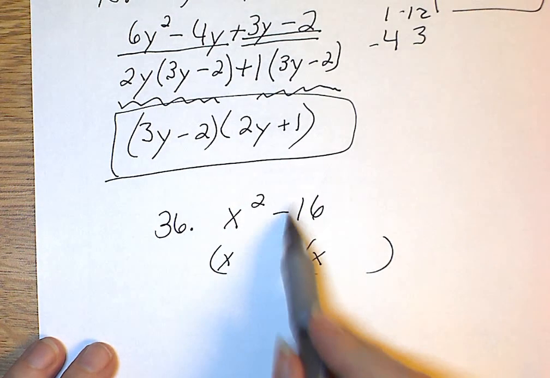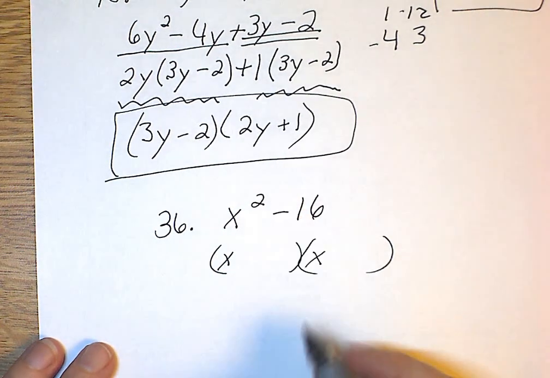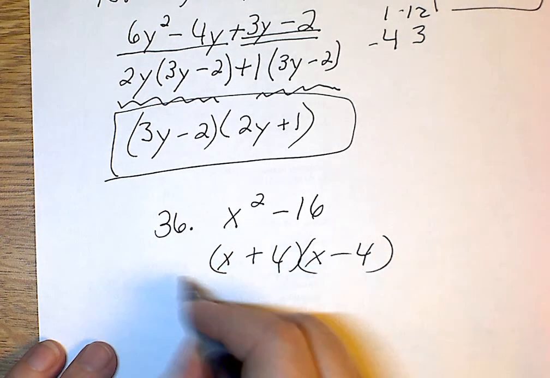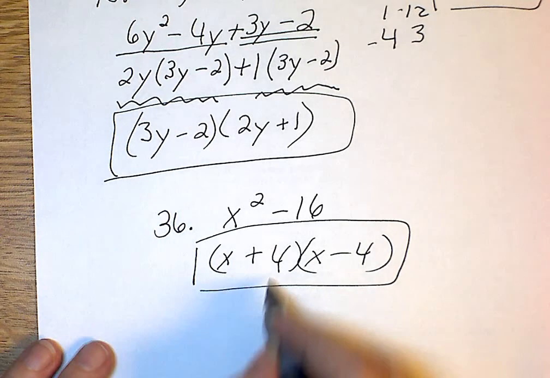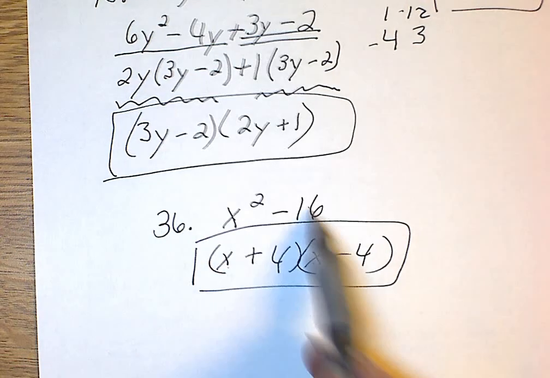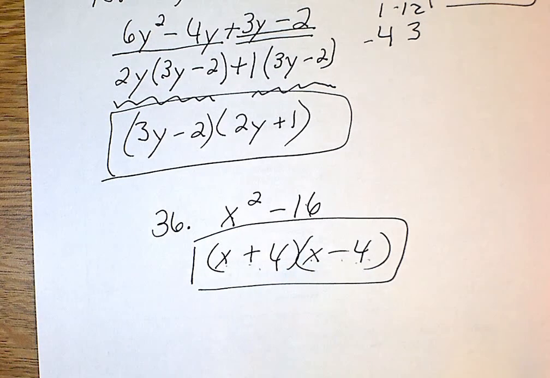What's the square root of 16? 4. One's going to be positive, one's going to be negative. That's how all of the first 8 are: the square root of the first and the square root of the last, one positive, one negative.